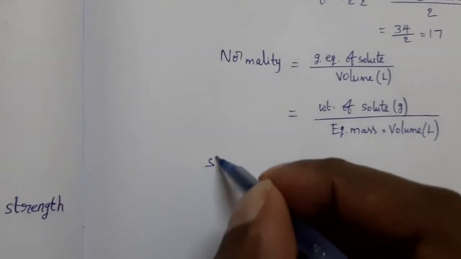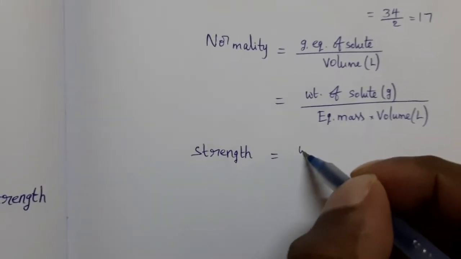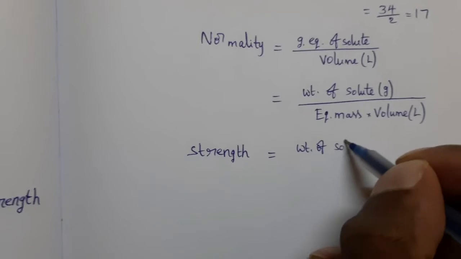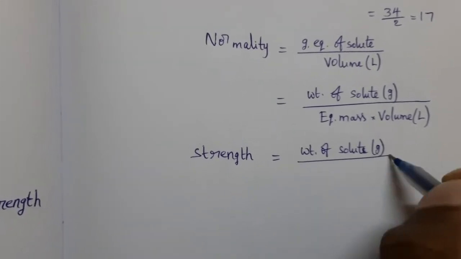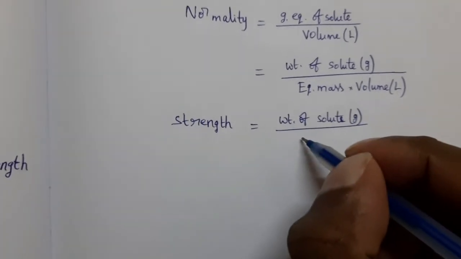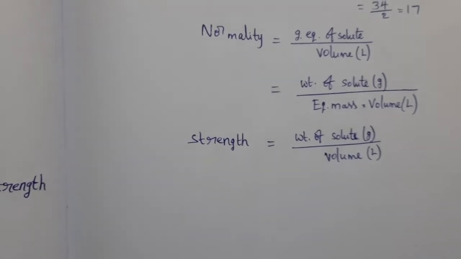Now strength formula, we know that. What is that? Strength equal to weight of solute in grams divided by volume in liters.